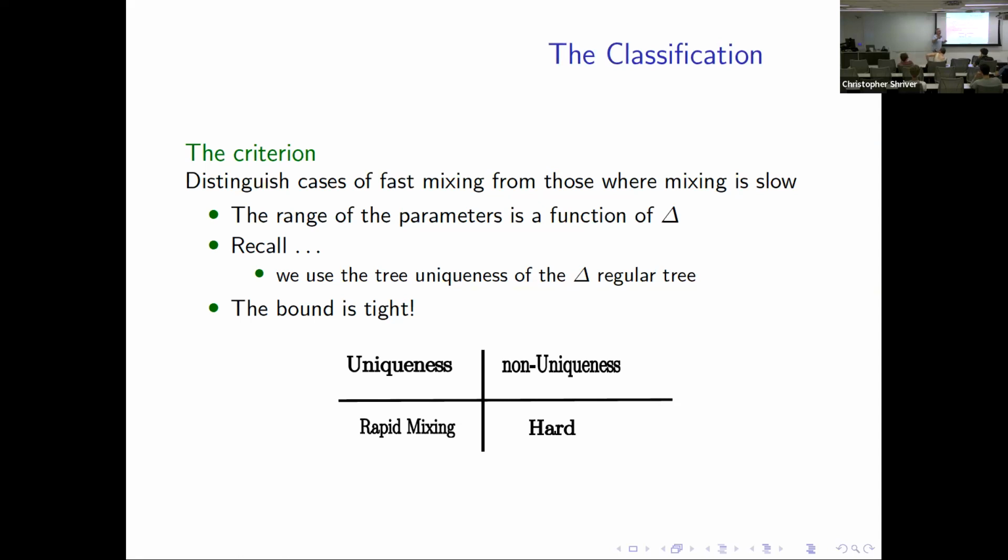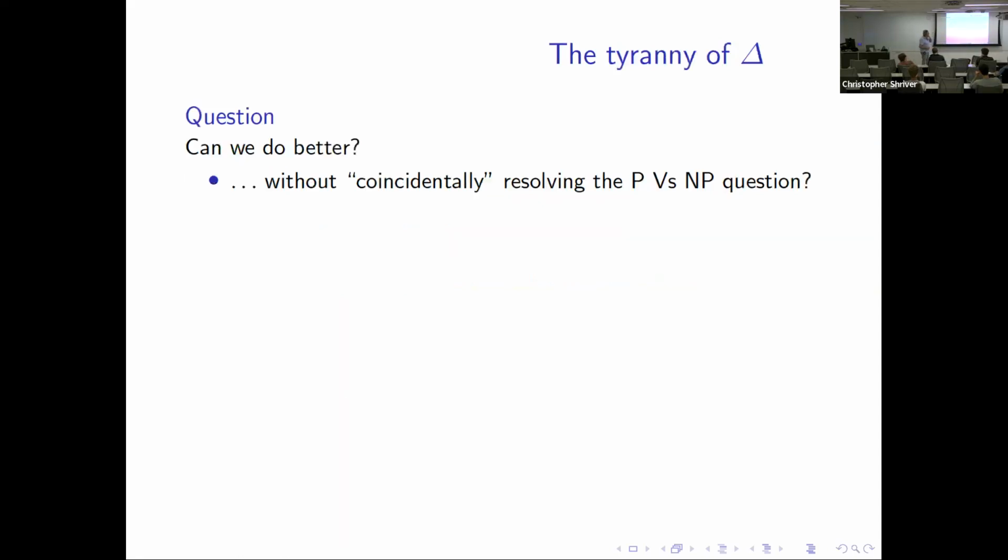Unless, of course, P equals RP, this hardness is conditional. But this is unlikely, so there must be some hard instances here. Now in view of these things, I start wondering, can we do anything better?